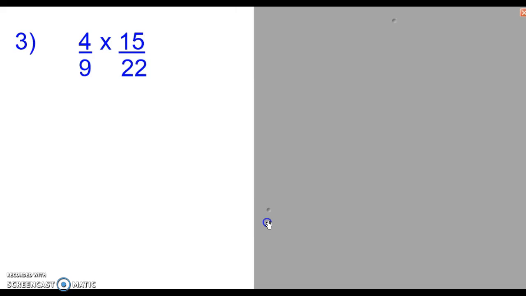And let's just look at the one on the left. I'm going to look across and see, is there anything I can take out of 4 and 22? If I divide 4 by 2, this could be rewritten as 2 times 2. And down here, this could be written as 2 times 11. So if I factor out my 2, I'm left with just 2 on the top and 11 on the bottom.